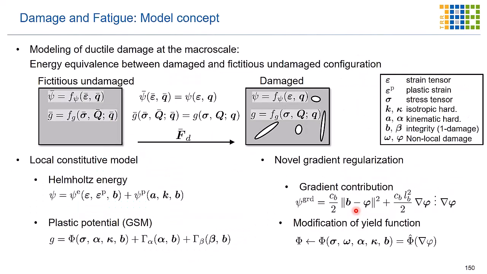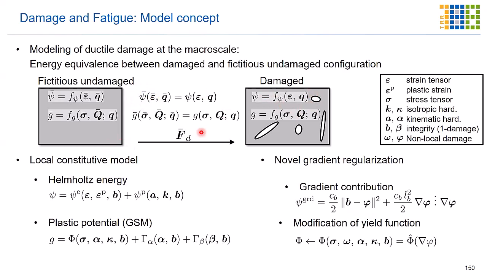If you want to model ductile damage at the macro scale for these fatigue problems, we first of all assume a fictitious undamaged state and a damaged state. So you have strains here, for example, and some internal variables. For example, also the energy description here.